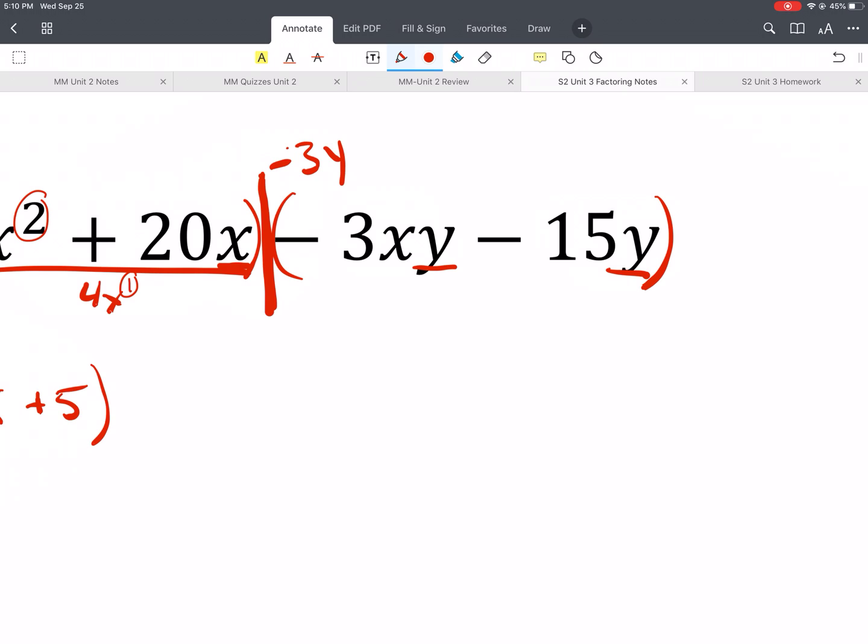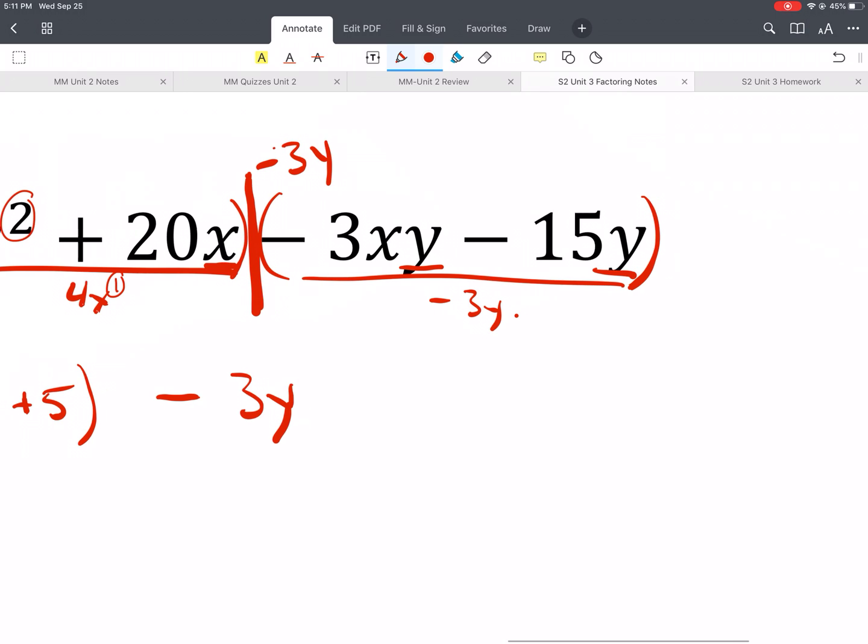Can't take out any x's because there's not x's in both terms, but there's a y in both terms. So we can factor out a negative 3y, right? And then we need to divide it by a negative 3y as well.